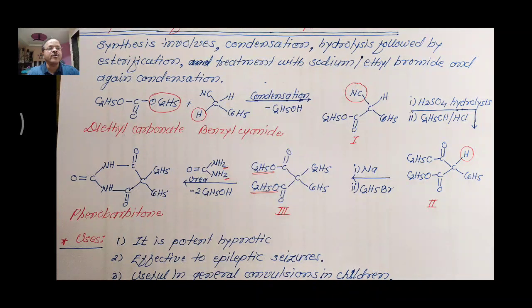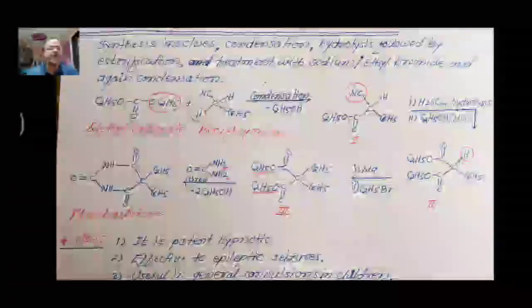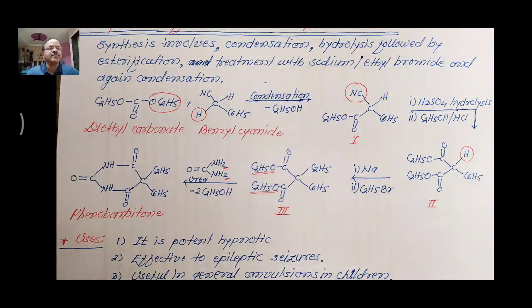Now this compound 1 consists of CN, that is the cyanide group, which is shown by the red circle. This compound number 1 on reaction with H2SO4, an acid hydrolysis reaction, is carried out in the first step, where the cyanide group is hydrolyzed to the acid group, that is the COOH group.